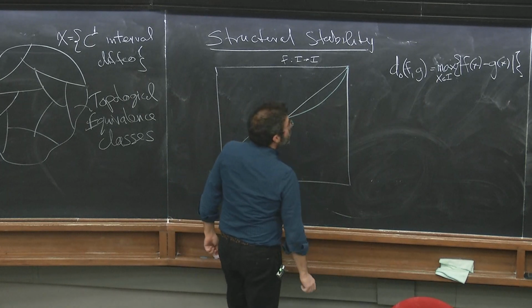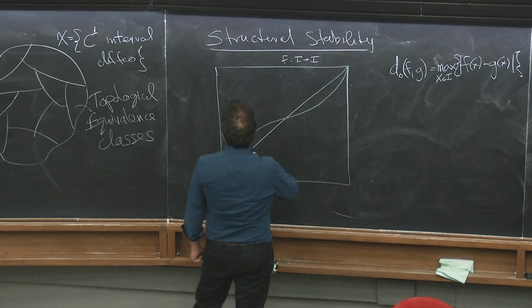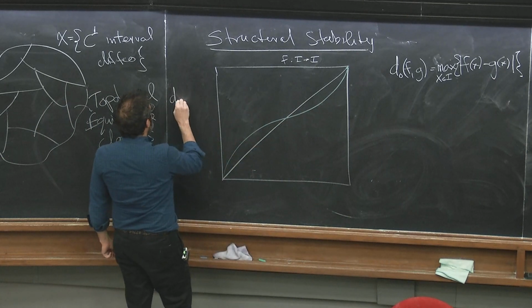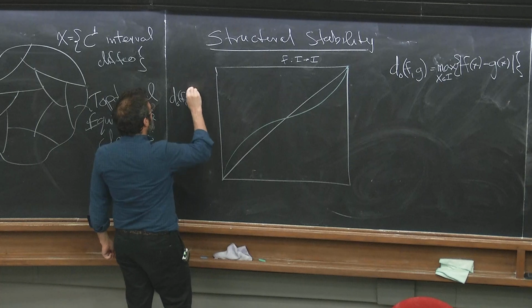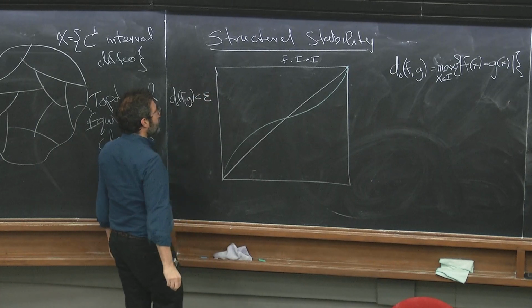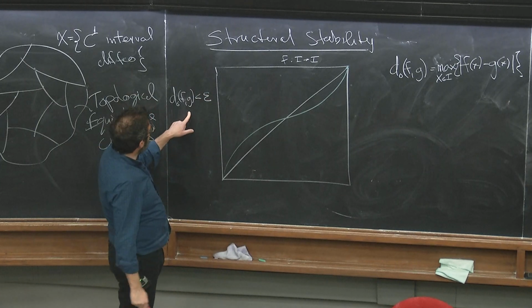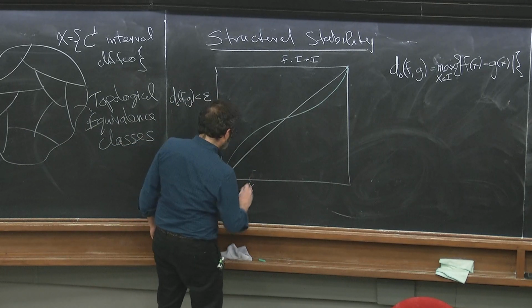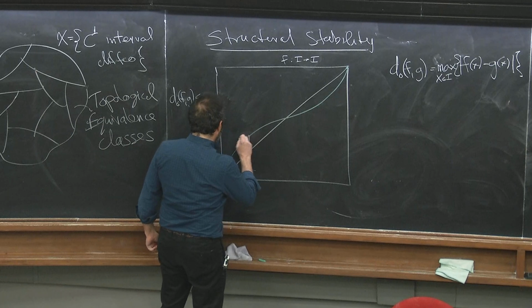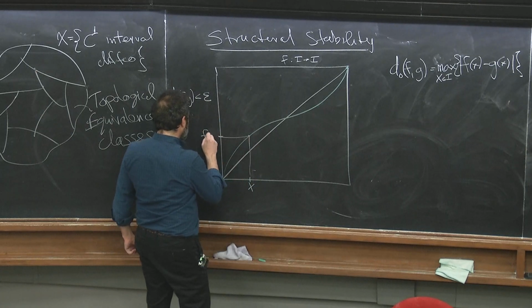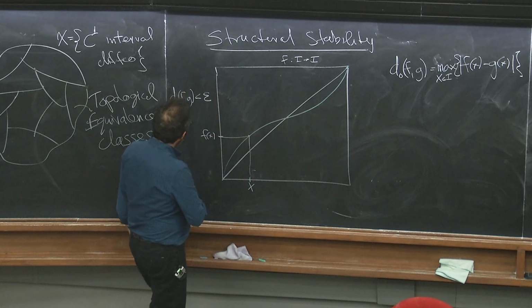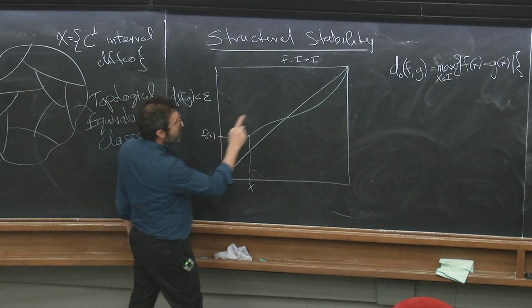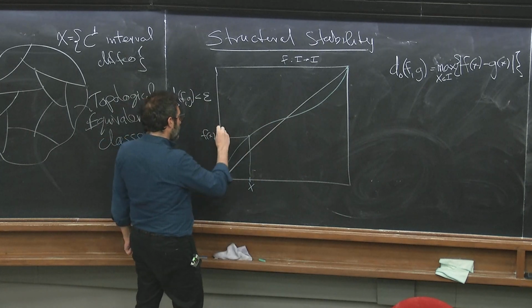so to say that the distance between a map F and G is less than epsilon, this means that for every point x, you look at f(x), and then it means that g(x) must be within epsilon of f(x), right?